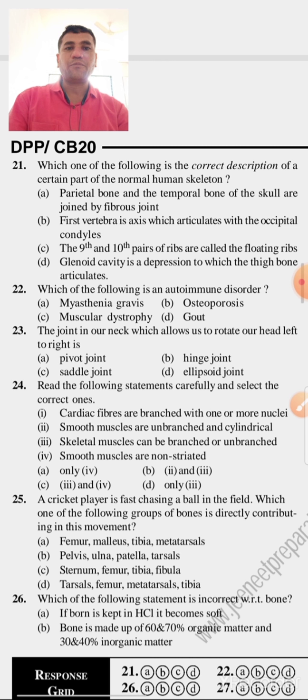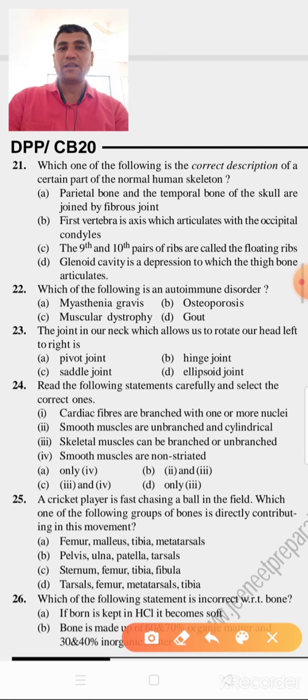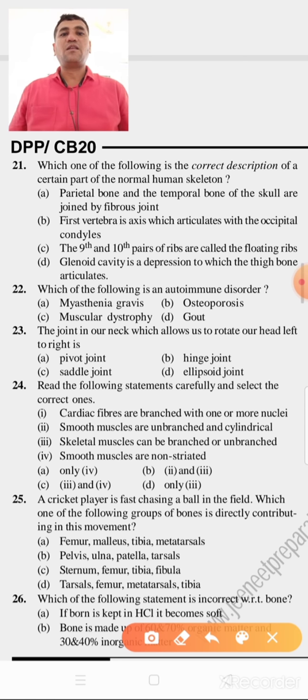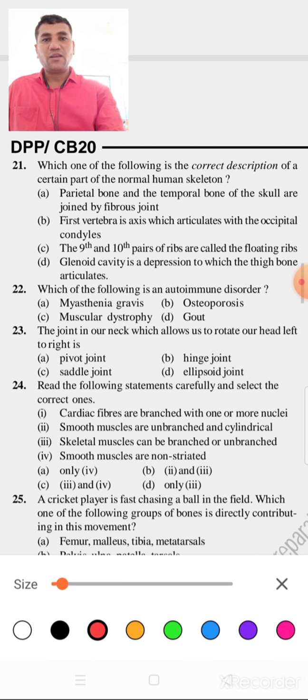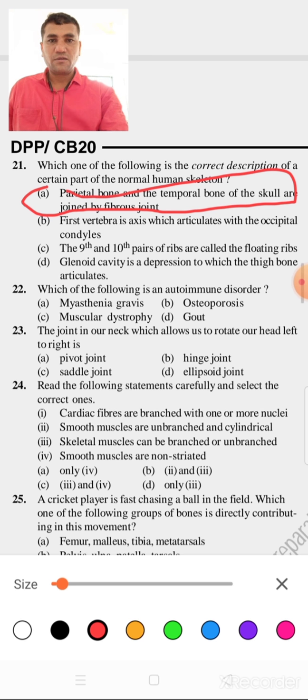From the given options, parietal bone and temporal bone of the skull are joined by fibrous joint, that already we know. The other options are wrong because atlas and axis will articulate. So here the answer is option A.